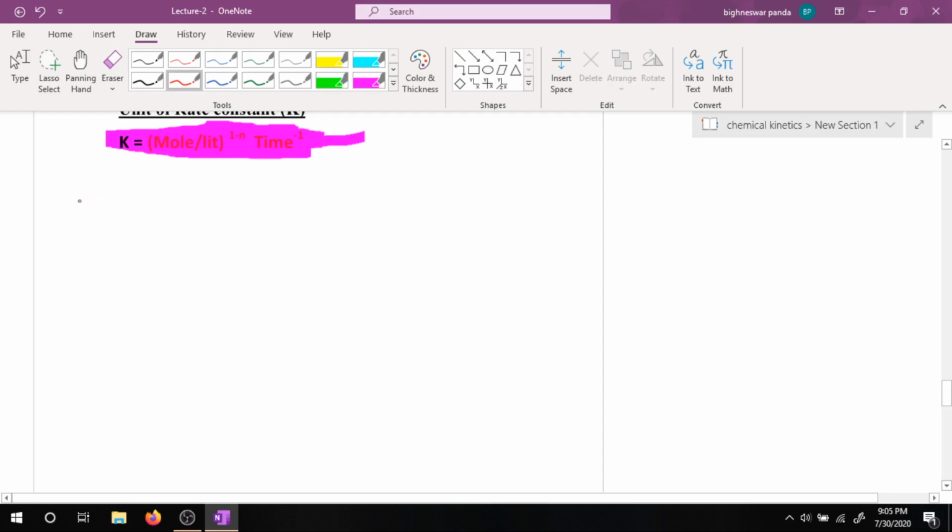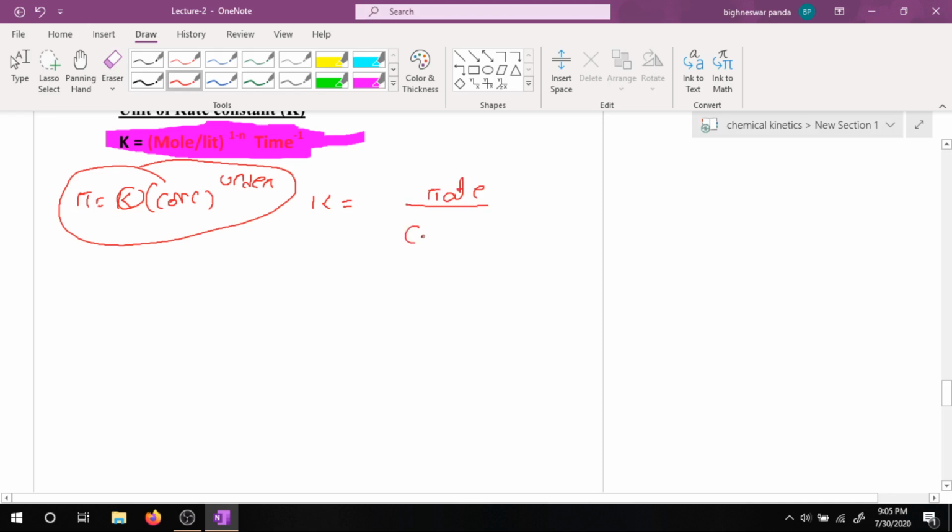Let us consider rate is equal to K into concentration to the power order. This is the important formula you have to remember. I have to calculate the unit of K, so I can rearrange this: K is equal to rate divided by concentration to the power order.